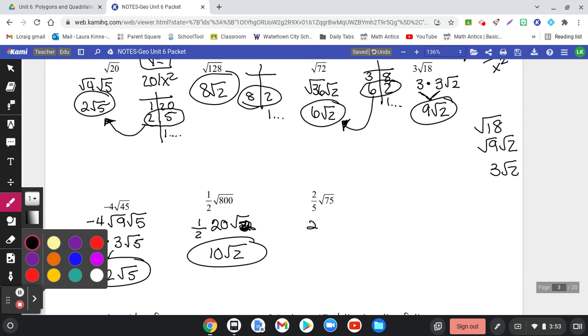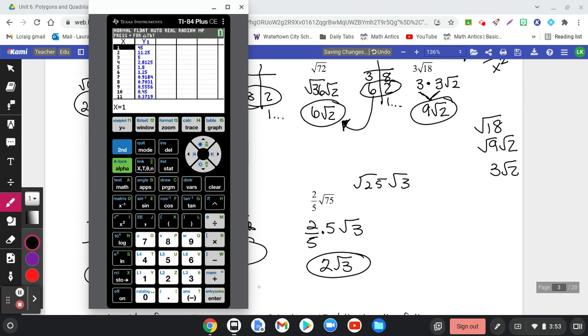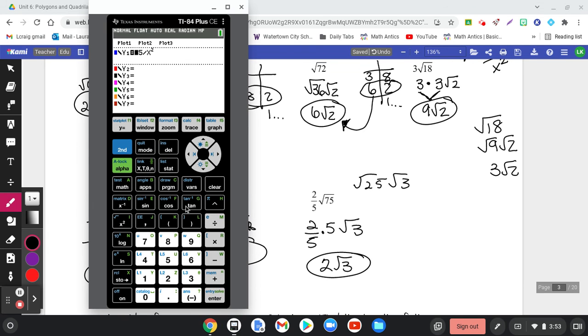And finally, 2/5 times radical 75. Again, you could say, well, I know that's 25 and 3, right? Because quarters. So 2/5 times 5 radical 3 would give us just 2 radical 3. All right, and again, calculator. So let's do 75 quick. Y equals, just changing that 45 to a 75 divided by x squared. I didn't have to change anything else.